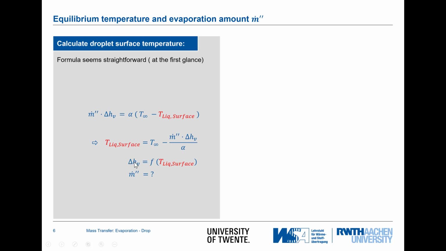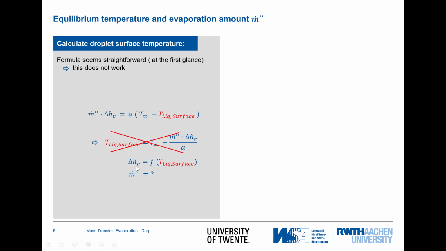For example, the enthalpy of vaporization is a function of the liquid temperature, as at the critical point we no longer have a value for the enthalpy of vaporization. And for the mass flux we will also have a look at it in a few seconds. So this procedure does not work, because implicitly we have the temperature of the liquid surface also included on the right hand side. So the approach does not work.